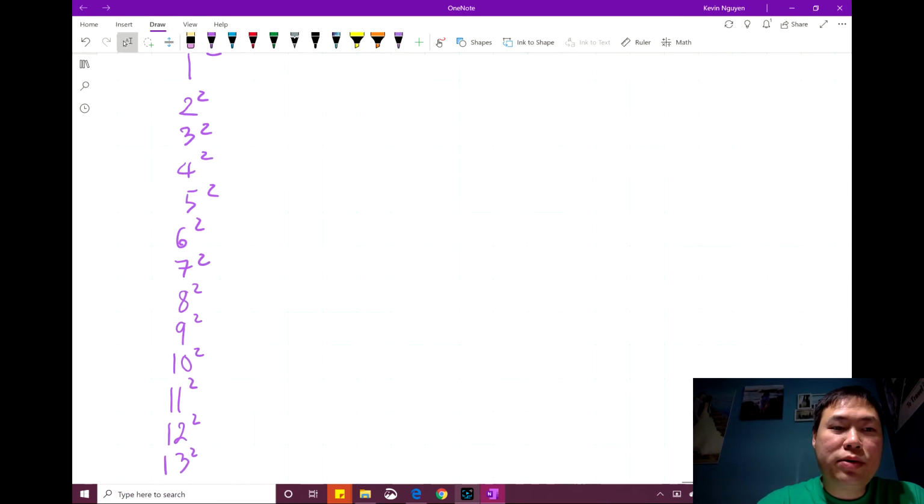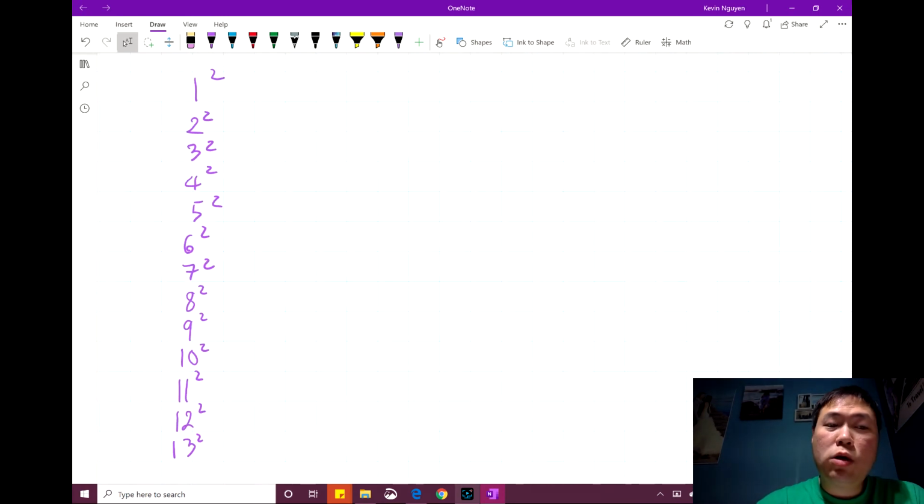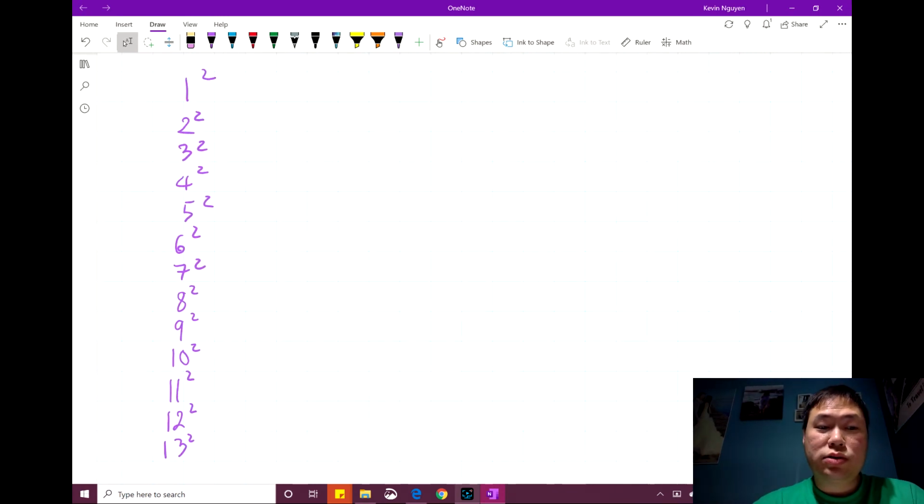I'm giving you this example, and hopefully you are able to memorize the results of these, because really these are all I memorized. If you ask me what's 14 squared, I wouldn't know. Maybe 256. Well, I wouldn't know, but 13 squared for sure I know, right?